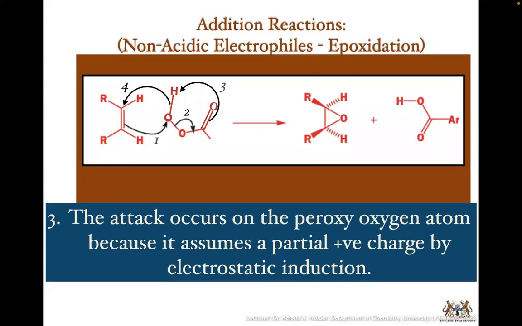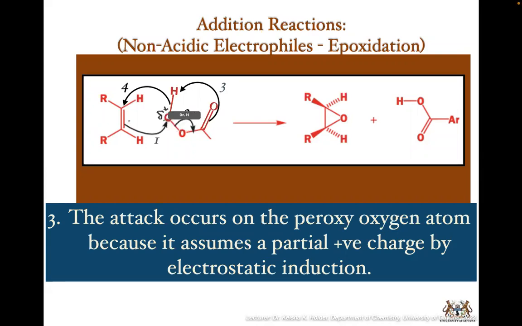So we have identified this oxygen as the oxygen that will undergo attack by the alkene. And so the first thing that occurs is attack on that oxygen. And when that happens, what results is this oxygen bond breaks. So the first arrow is the movement of the pi electrons to the delta plus oxygen here.